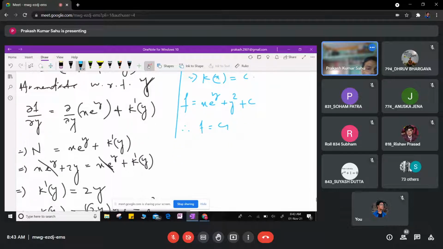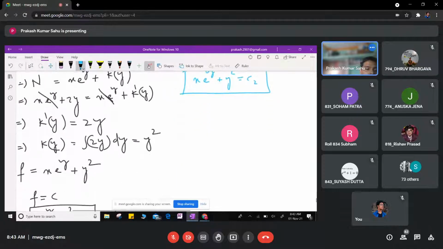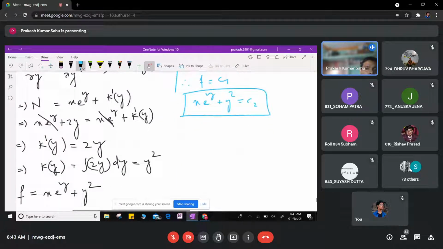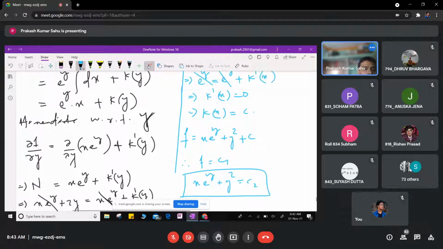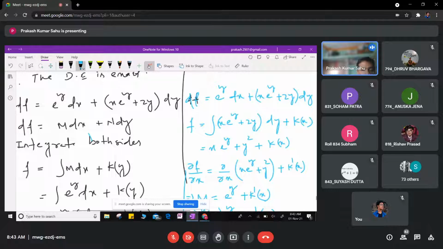So x into e to the power y plus y square is equal to c1 minus c, bringing it to the other side, another constant c2. This is the solution. So see, both the solutions are the same: x into e to the power y plus y square is equal to a constant is the solution. Here the same thing will come. Understood or not?